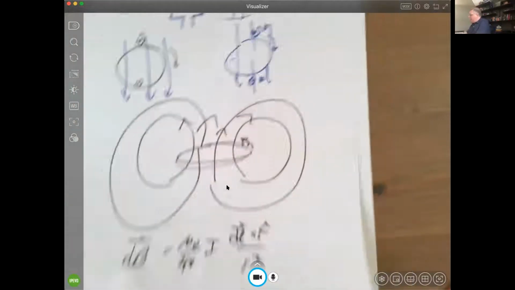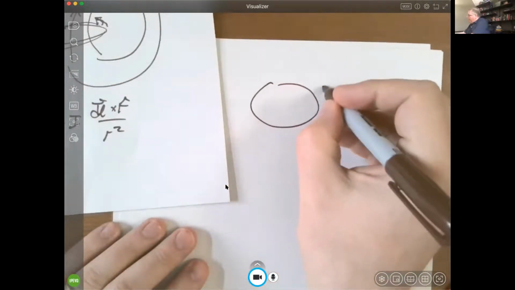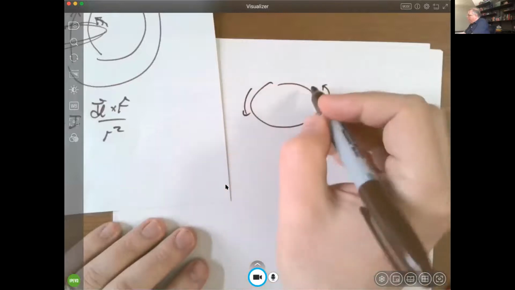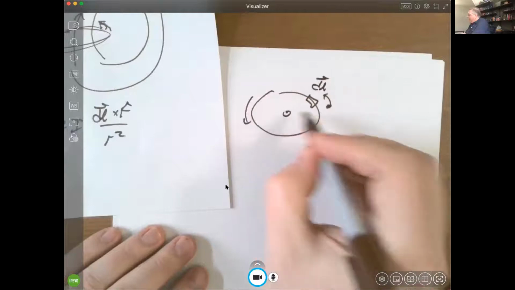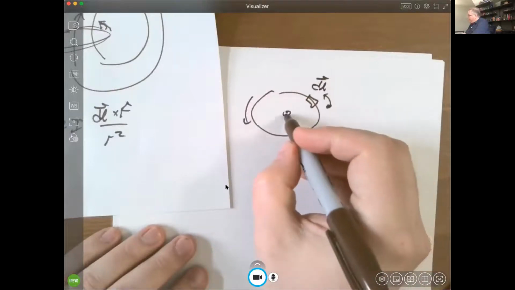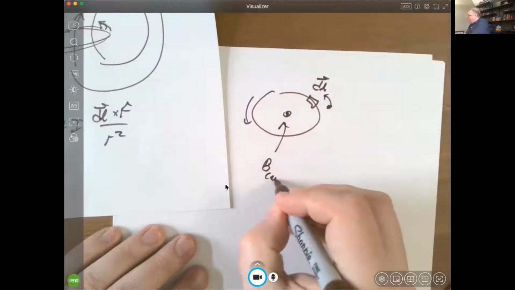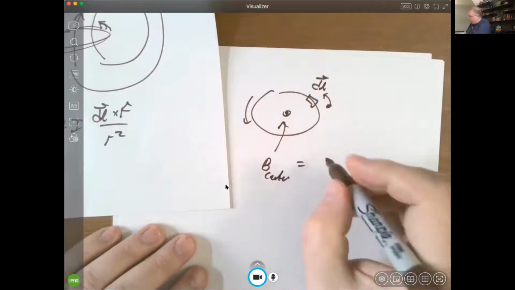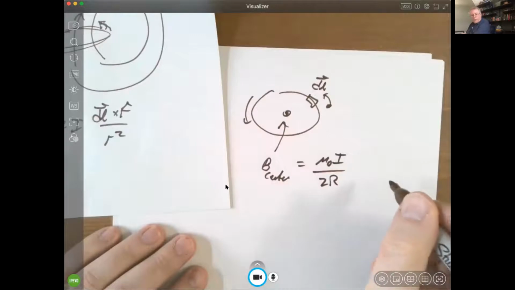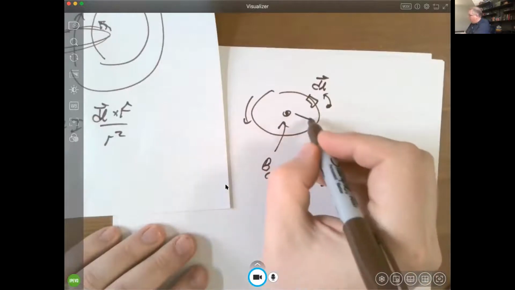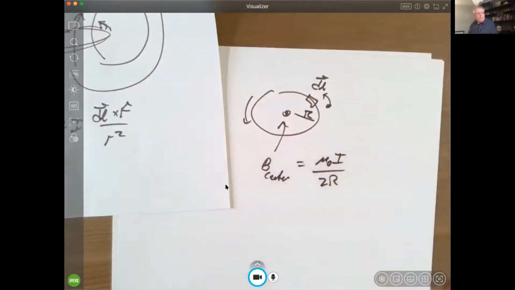We took a loop of current, and we added up all the bits of current going around by taking little bits of dl and finding that in the center they all create the field in the same direction, and so we could do the integral and find that the B in the center was equal to, I have to look this up, mu naught I over 2r, where r is the radius of the circle. So we found that for a loop.